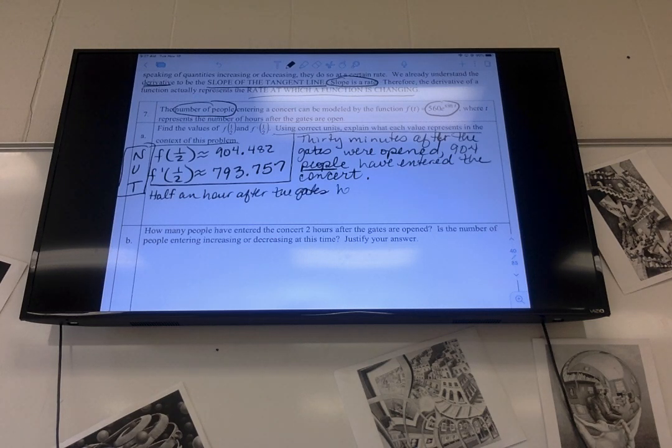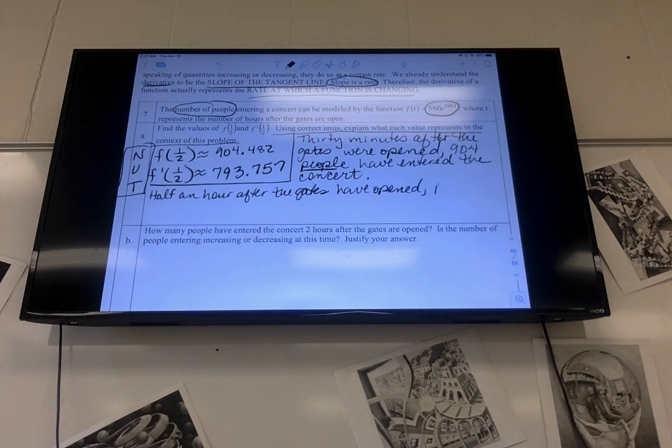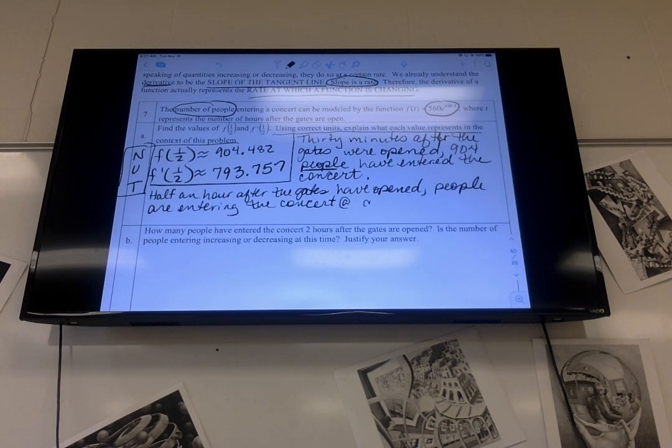After the gates have opened, people are entering the concert at a rate of 793 people per hour. That doesn't make sense as how many people are entering, it's the rate. It feels weird adding a rate to people.